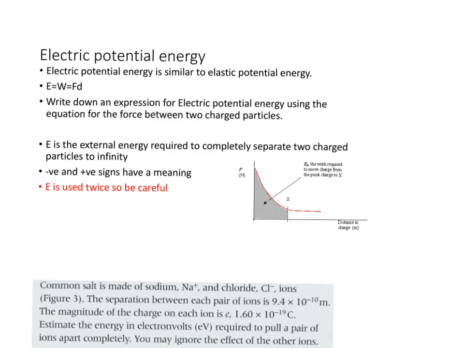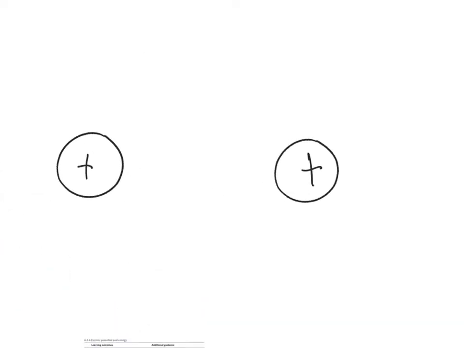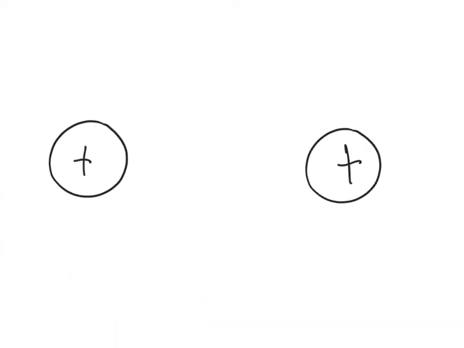So electric potential energy is quite similar to elastic potential energy. The energy stored between magnets and the energy stored when you lift objects away from the Earth's surface and so on. Just to make it a little bit more obvious, imagine we have two positive charges.